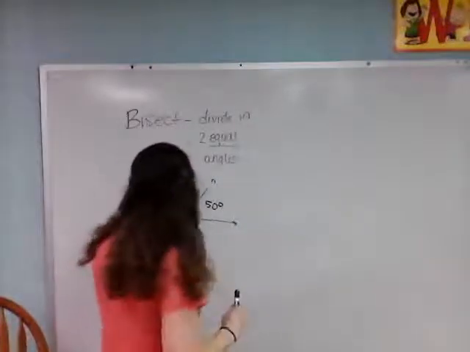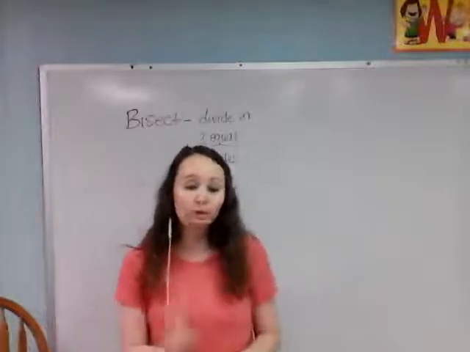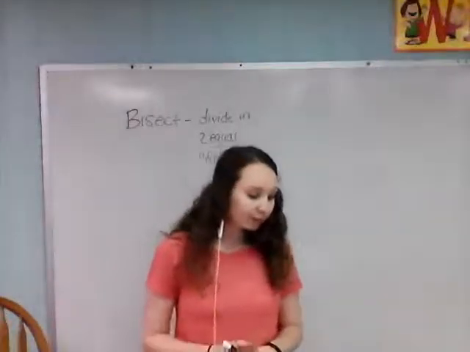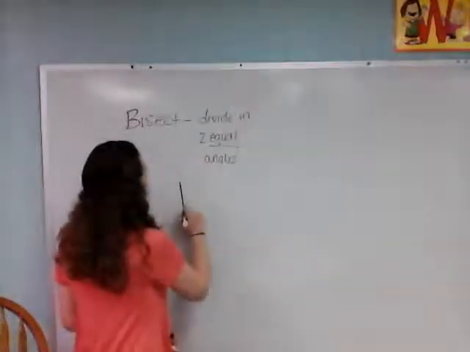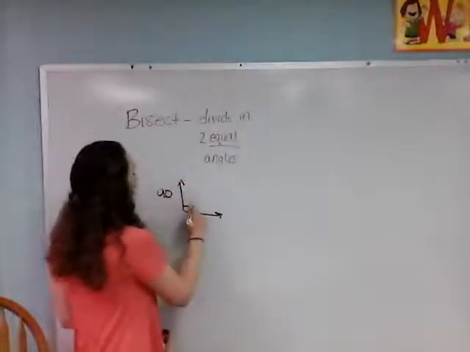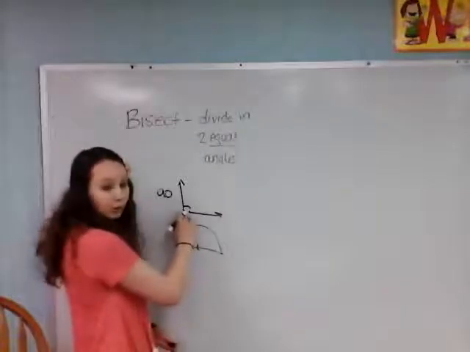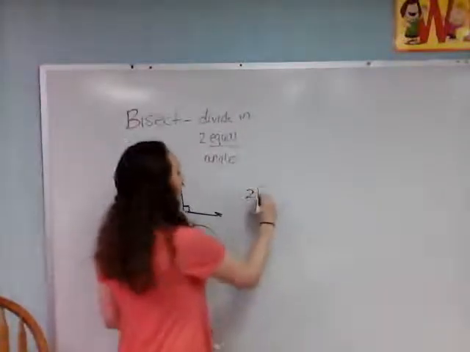Now, there are 2 ways you can do it. You can do it with a compass or a protractor. I'm going to teach you the protractor way. To bisect with a protractor, if I have a 90-degree angle, I'm going to put my protractor on the bottom where it's supposed to be. What is half of 90?